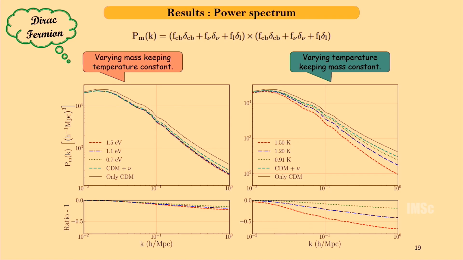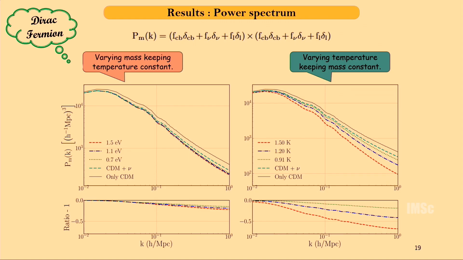Now I will show you some results. So we choose the LiMR particle to be a Dirac fermion in the first case, and then we produce the power spectrum. Here you can see the power spectrum of only CDM case, and CDM along with standard model neutrino case, and the following is what I will follow in the next plots also. We do 2 things.